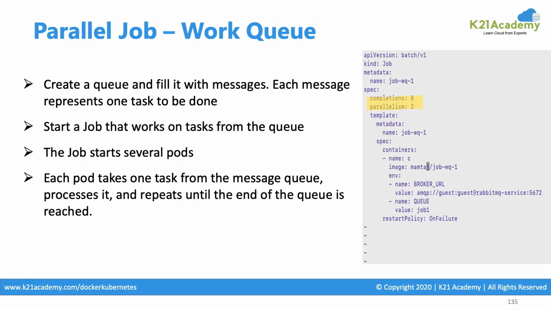There are a set of environment variables which tell which application we need to talk to for the message queue. The name of the queue is provided in the second environment variable. The queue name is like job one here. So this way you can process the items coming in the queue in parallel and mark your task done or job done once all the expected number of pods have succeeded in their processing.